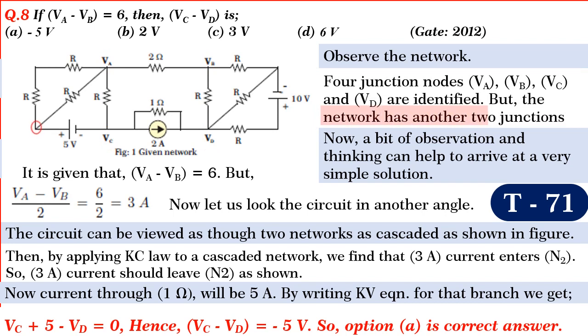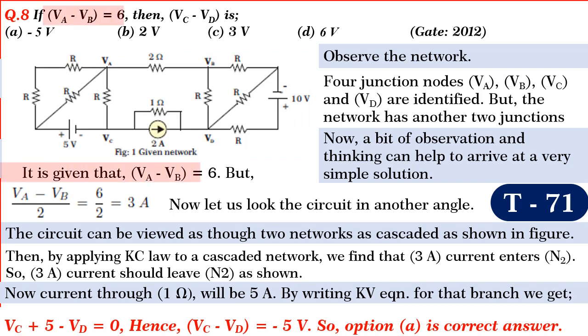But in addition to it, it has another 2 junction nodes as shown. So friends, the network seems to be complicated, but with a bit of careful observation and thinking for a while, we can arrive at a very simple solution.